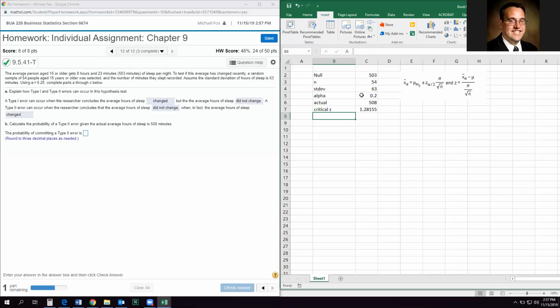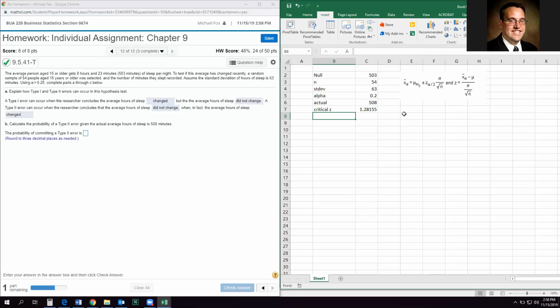And now we're going to have to find our x bar alpha, which is our critical mean, or the critical sample mean. That's on page 412 in the textbook if you want it. I have it right here for you. So I'm going to call it x bar alpha, because that's how it's denoted.